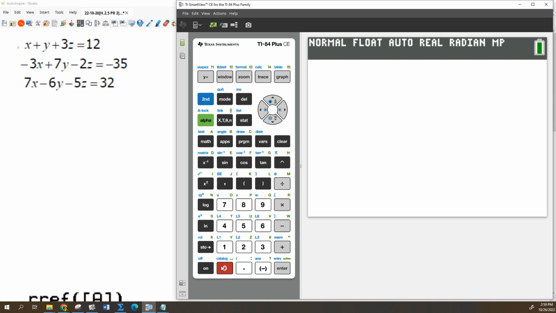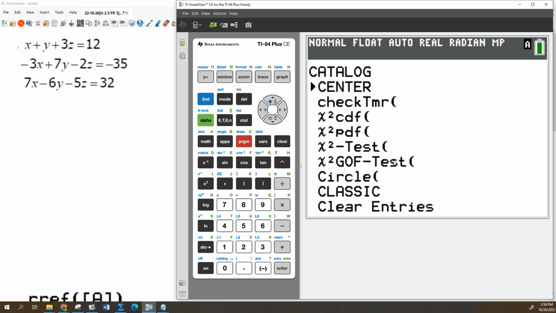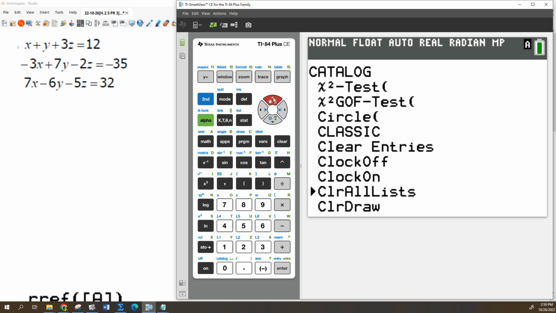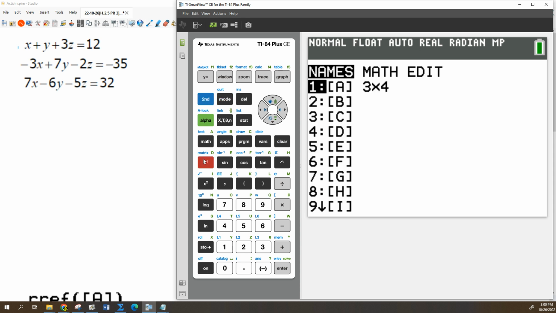You're supposed to be able to go catalog. Maybe I just hit C. Yeah, there we go. Okay. Clear. Try clear entries. Okay. Well, you don't have to do any of this stuff. This isn't important. I was just trying to get something reset for you guys. Ah, it doesn't do it. I don't know how to clear a matrix. Not sure how to do that. Can I hit delete? Do you have to go over to that and then click delete? No, I don't even know what this is. Edit. Matrix 1. I guess maybe I just do 0 by 0 or something. No, I can't do that either.